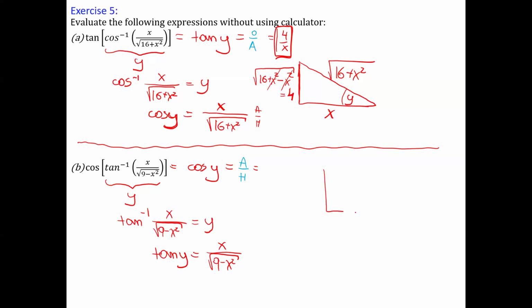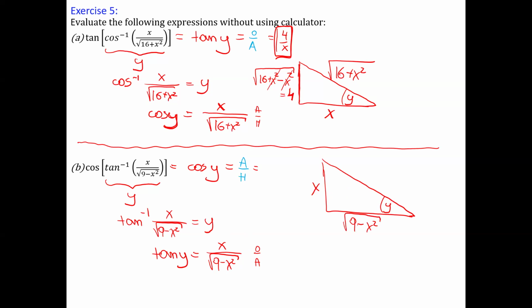Let's build the triangle. The ratio for tangent is opposite over adjacent: x is opposite, and adjacent will be the square root of 9 minus x squared.